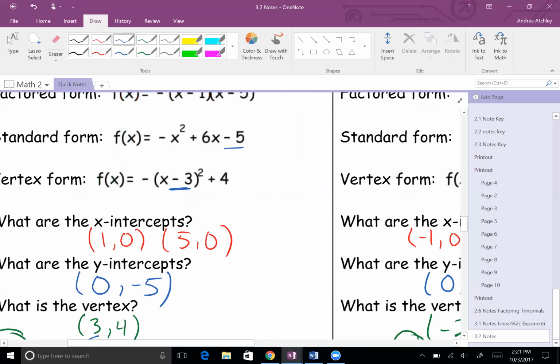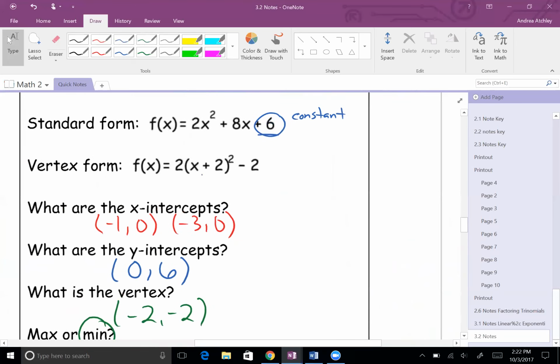So here inside the parentheses, it's -3, and then the vertex is a +3. The number outside the parentheses is the same sign. The number inside the parentheses that is with the x value is going to be the x value of your vertex. The number outside the parentheses is the y value. And that occurs every single time.